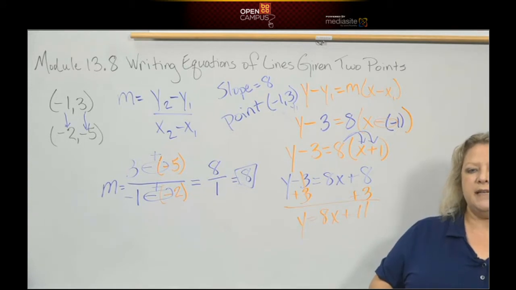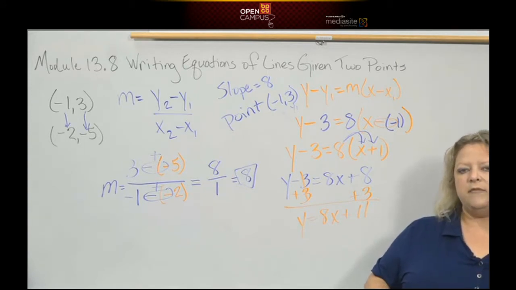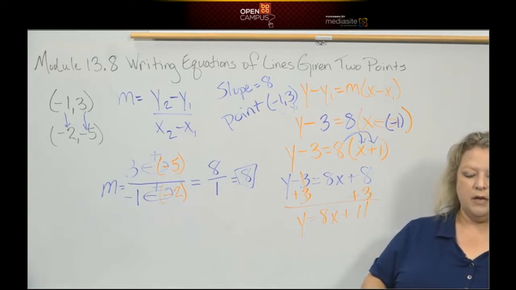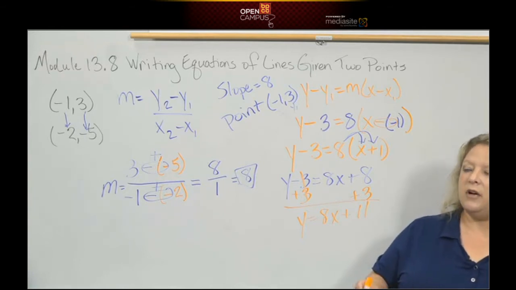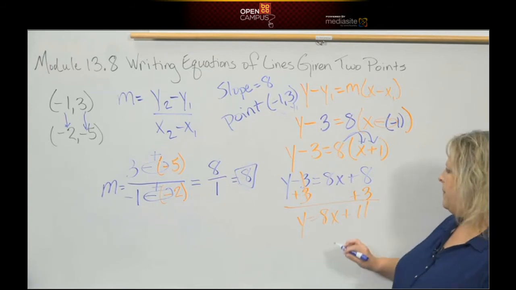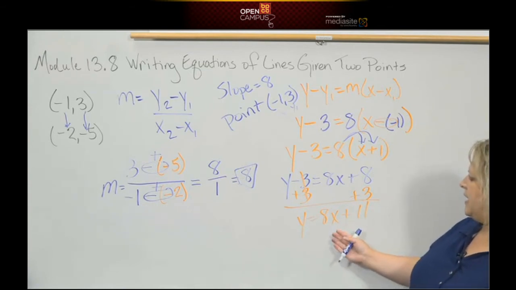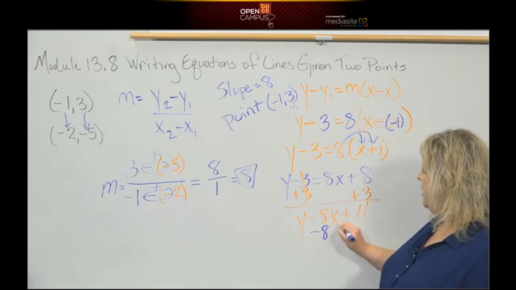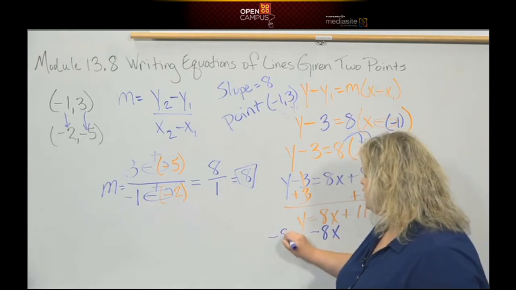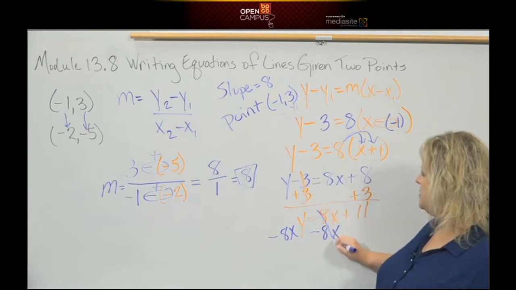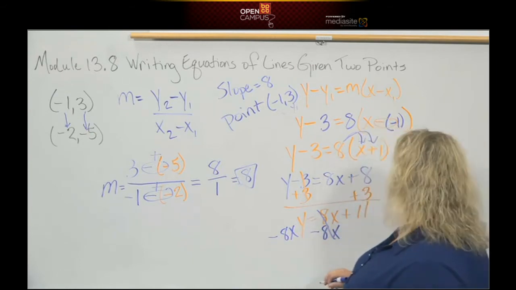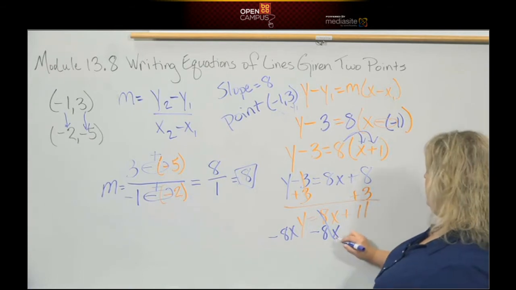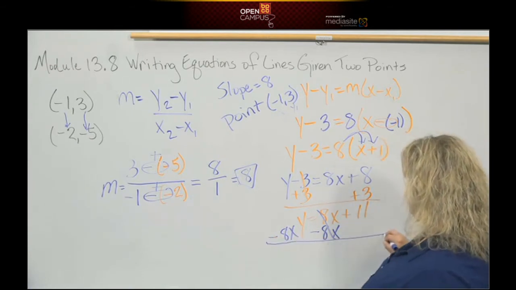But what if that's not all I need? What if I need standard form? Standard form requires 1 or 2 steps more. It just depends on, again, the editor of the book. So if I need standard form, boom, I take that 8x and move it over there by subtraction, because remember, subtraction is the opposite of addition. So that's going to give me, see if I can write this. I can write it a little bit over here. I think you can still see that.